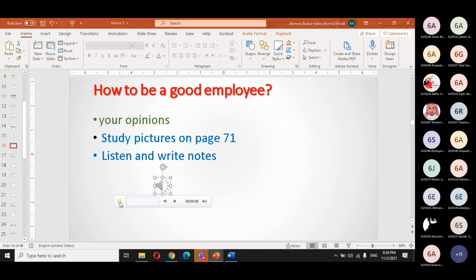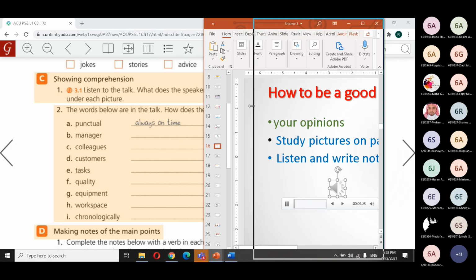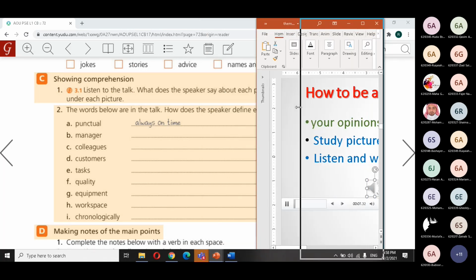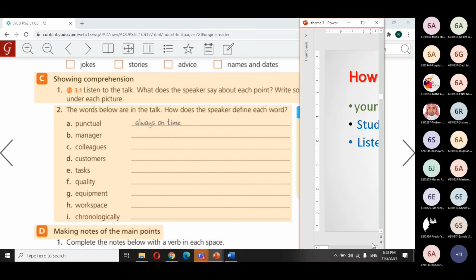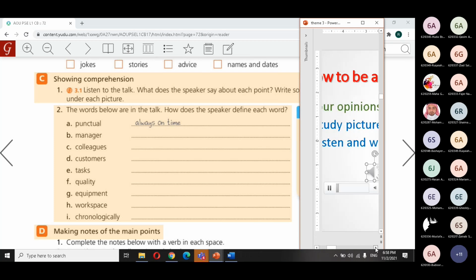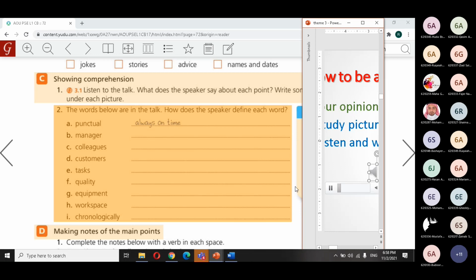Theme 3. Work and business. Track 3.1. How do you get a good job when you leave university? Well, here's an idea. Start thinking about it now. Change the way that you think about university.